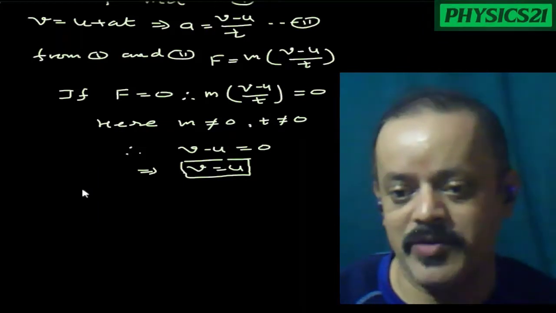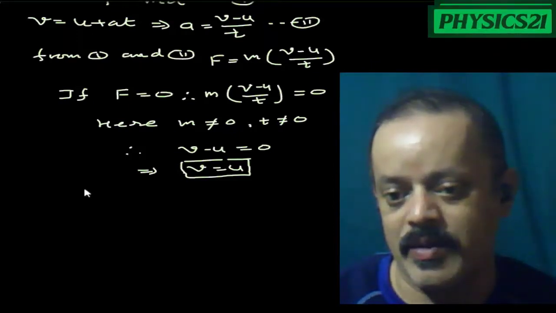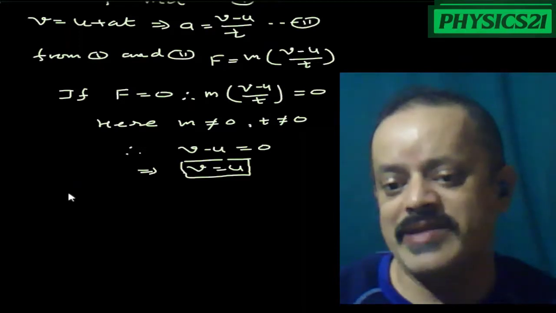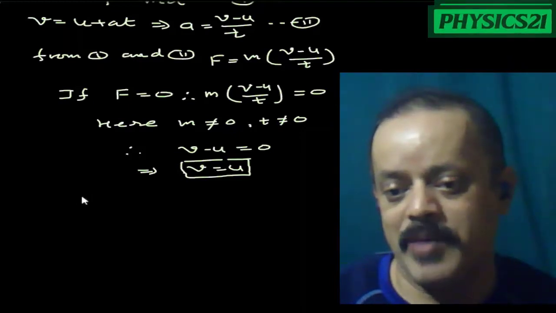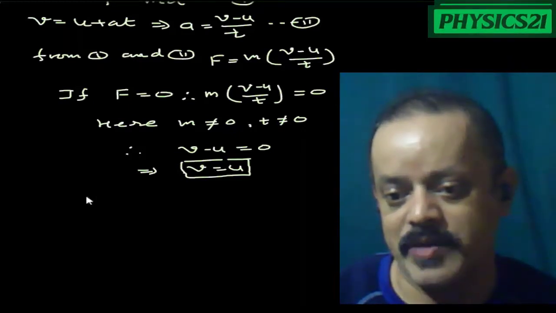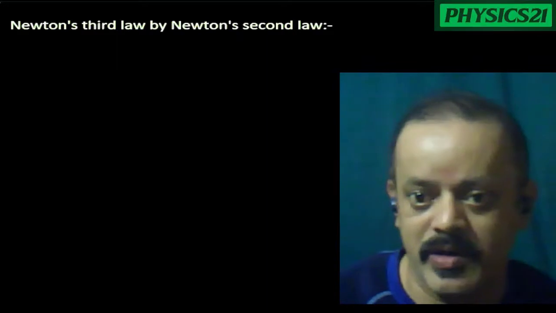That means we are able to prove Newton's first law of motion with the help of Newton's second law of motion. In the next step, we will prove Newton's third law of motion with the help of Newton's second law of motion.